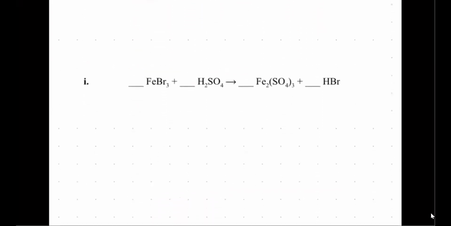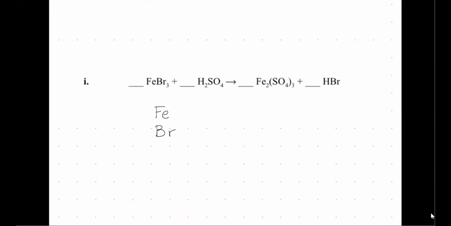Let me go through I, which is the one where students sometimes break it into all the elements, but you don't need to, especially if it's a double replacement reaction like this one. When I am taking into account what I have in my reactants, I'm going to write iron, bromine, but look, in the reactant and in the product, SO4 is a unit.